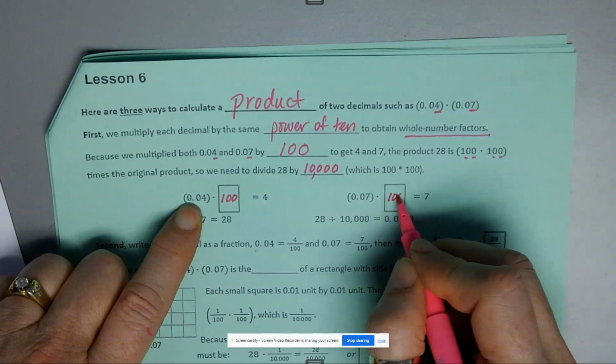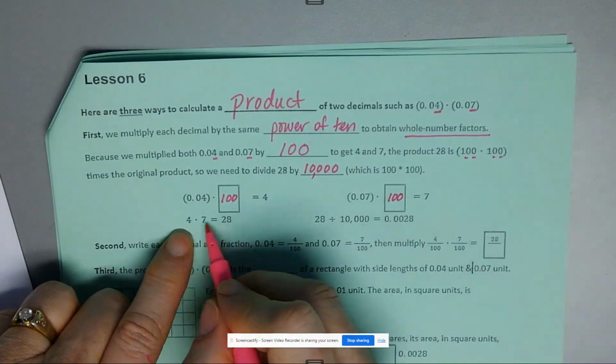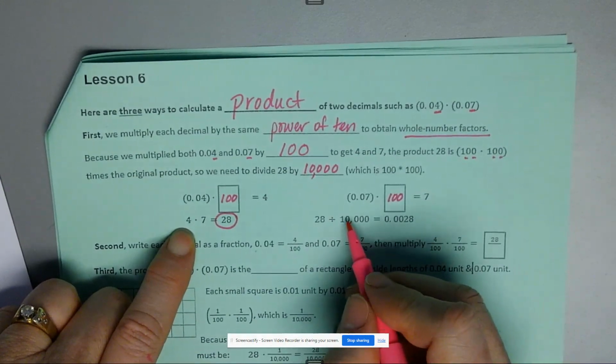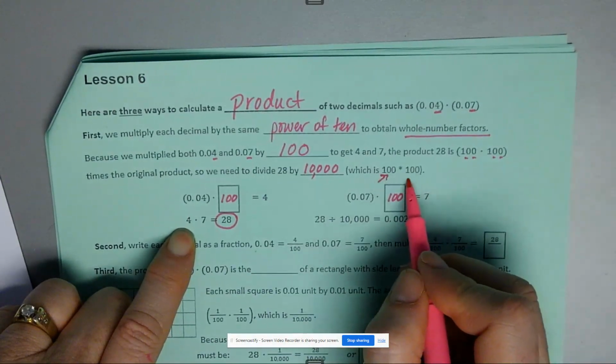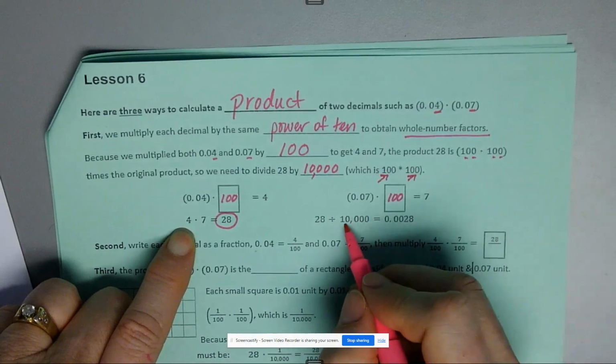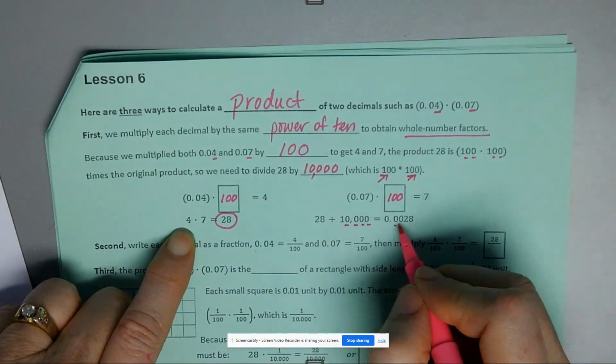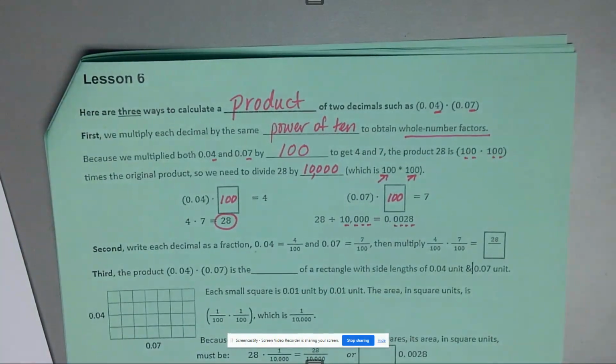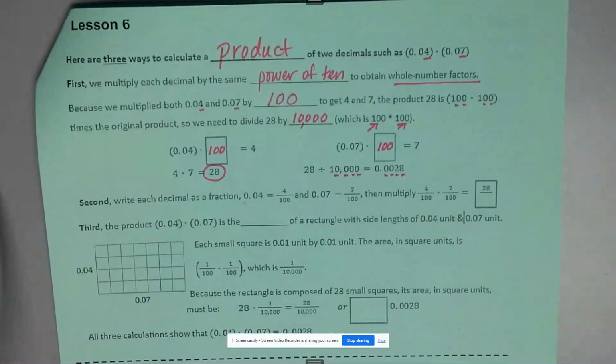And 7 hundredths times 100 equals 7. So 4 times 7 is 28. And then it becomes 28 divided by 10,000 because we did those hundreds twice. 4 zeros, 4 place values. 28 10,000ths. Here's how you would say that number.